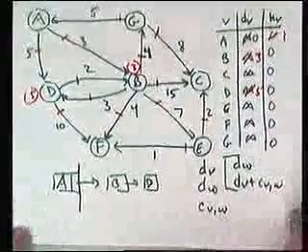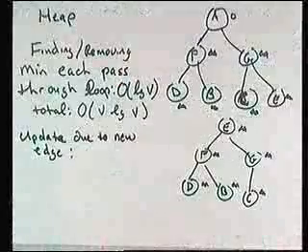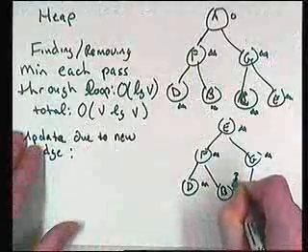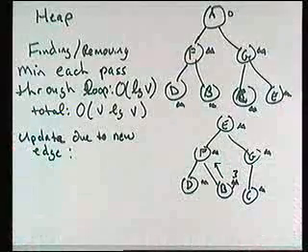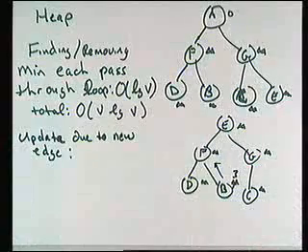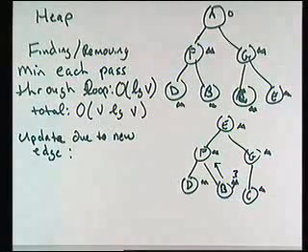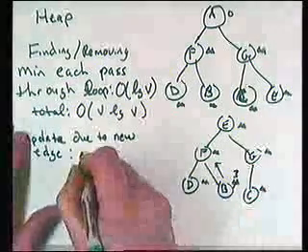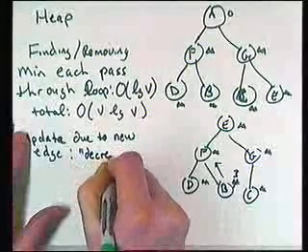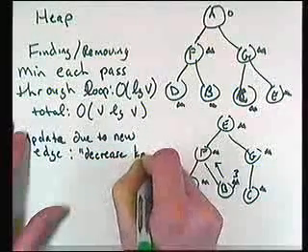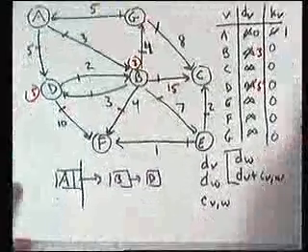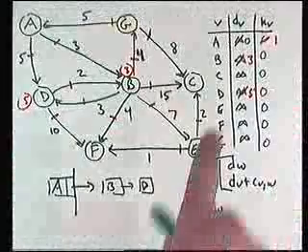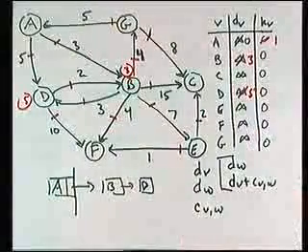Well, the issue is I'm not just updating that slot in the table. If I update this to 3, I need to now say, wait a minute, the vertex B has had its key decreased and it needs to be percolated up in the heap to the proper spot. And so in general, this is now not just some table entry. When I determined I wanted to do an update in the table implementation, I simply said, go to the table and overwrite the distance field with a new distance.